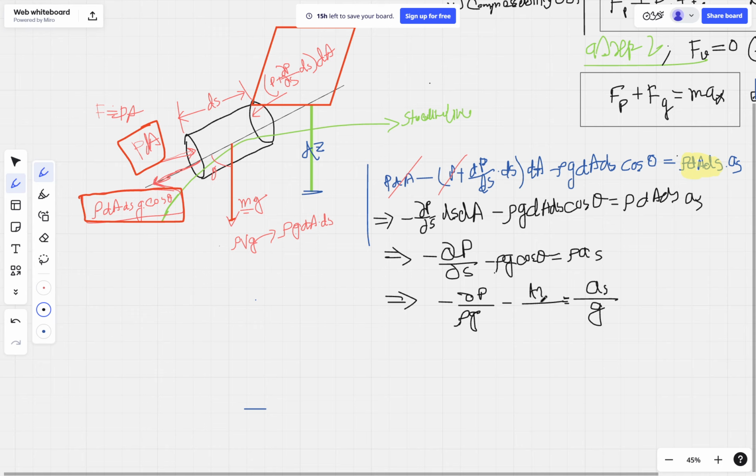Sorry for the handwriting. Then after that, the ds term will get cancelled out, as there is also a ds.